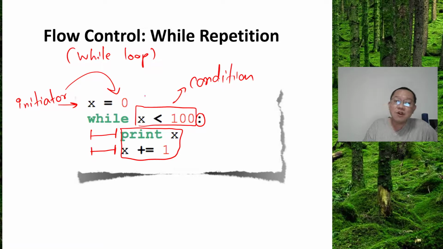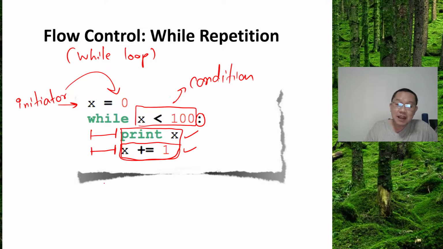When the while loop checks the condition, and if the condition is true, then it continues to this command, and the next line, the second line of command here, is also another important thing that you need to make the loop continue and finish.